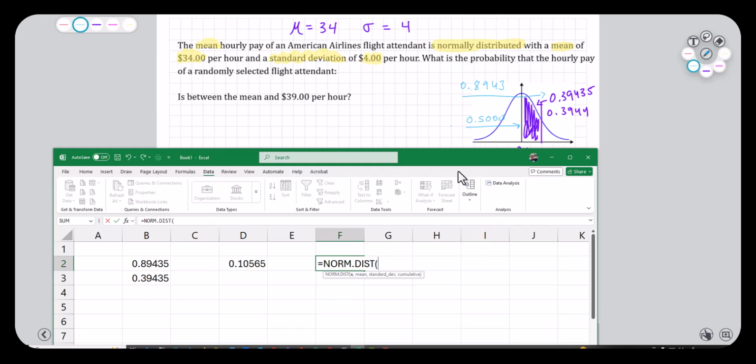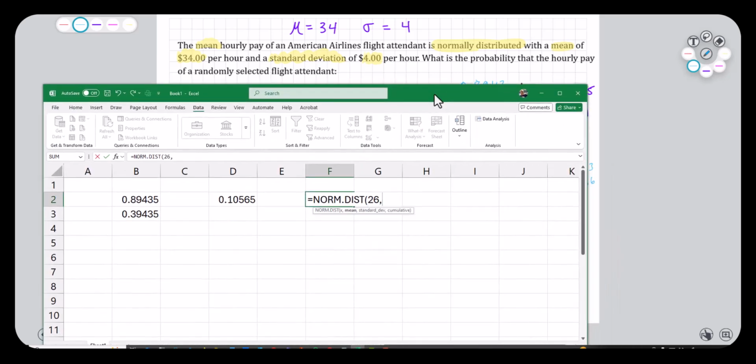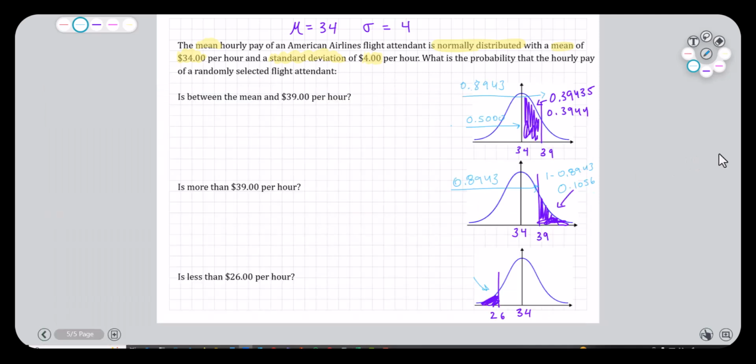What is our X? 26. What is our mean? 34. Our standard deviation, 4. And true, since we want to add up all of these probabilities. And I get this value, 0.0228. So 0.0228 would be that area, and hence that probability.